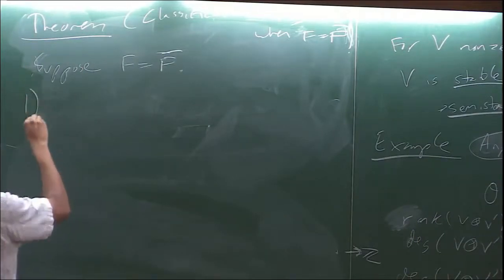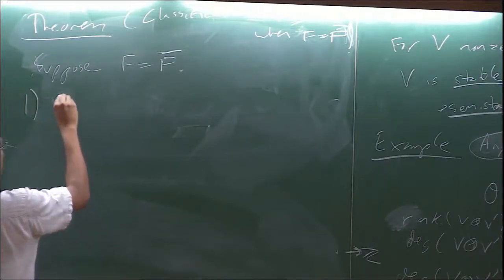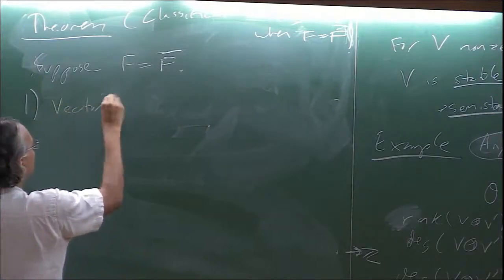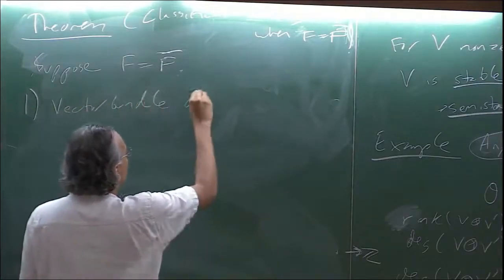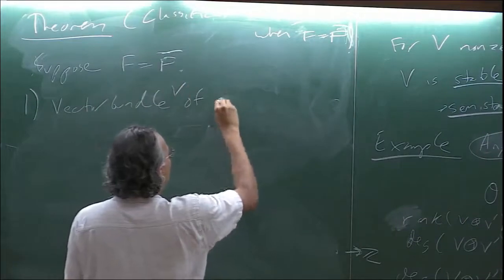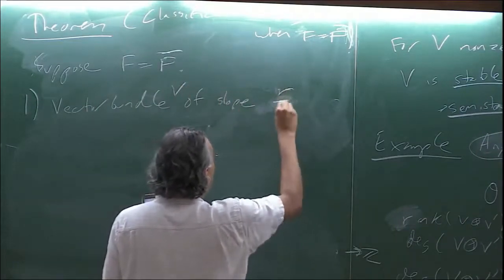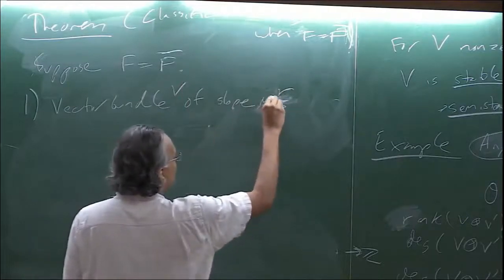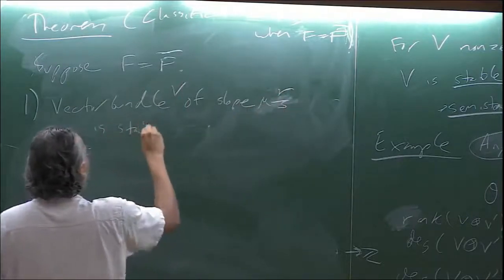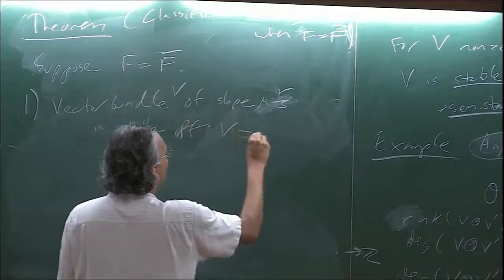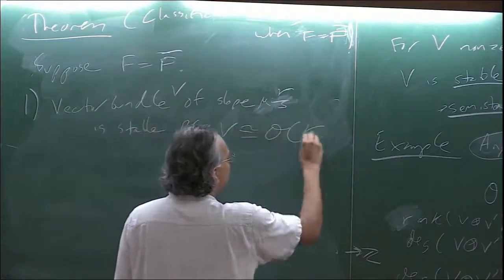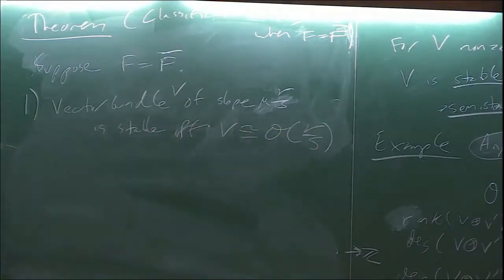So part one of the statement: a vector bundle V of slope mu, say, actually I'll write it as R over S, is stable if and only if it's isomorphic to O of R over S.